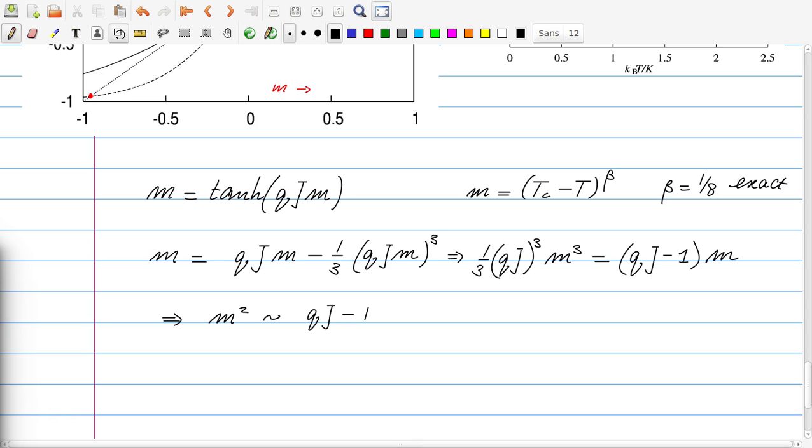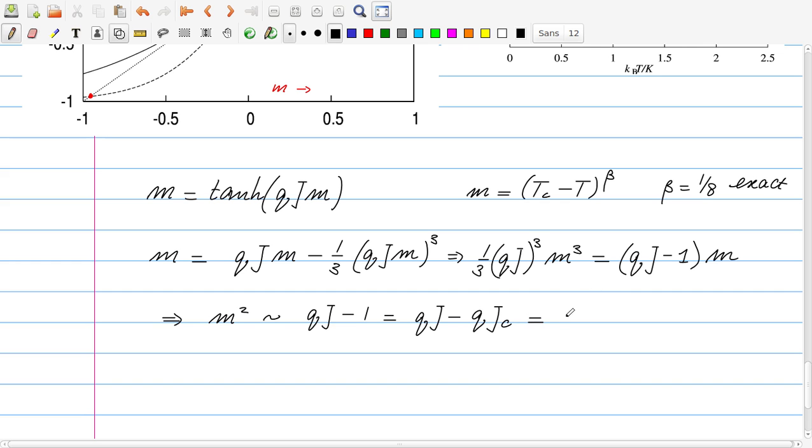So moving the term with the m to the third to the left hand side, we can write it in this form. Then we divide out one factor of m on both sides, and we see that the m squared is proportional to qJ minus 1. Now when qJ equals 1, we are exactly at the critical point. So we can write this as qJ minus qJ critical.